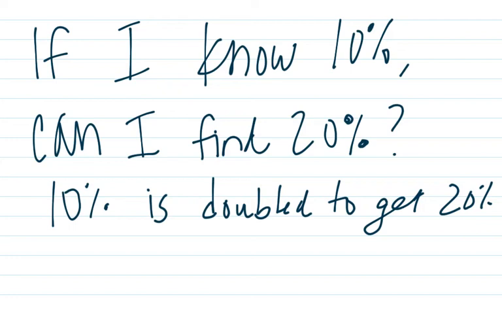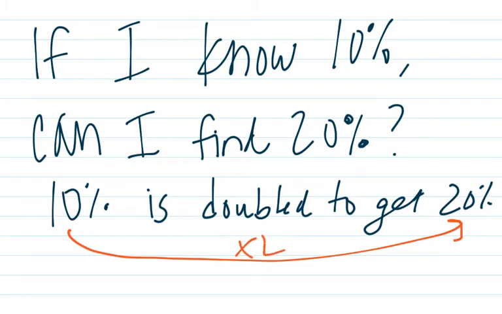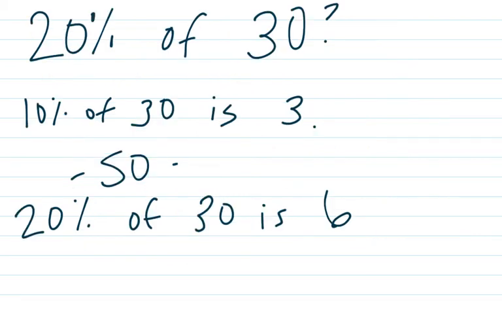If I know 10% of a number, can I find 20% of a number? Well, hopefully you see that in order to go from 10% to 20%, this just gets doubled. So that principle will follow through. So if I want to find 20% of 30, first thing I can do is figure out that 10% of 30 is 3, because we take the decimal place and move it over 1.